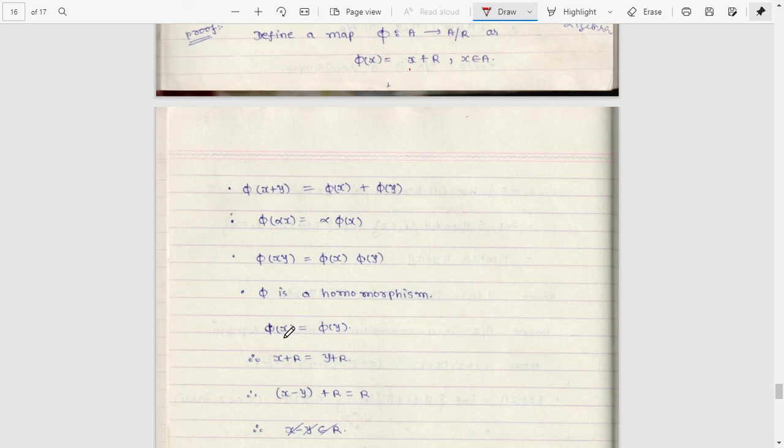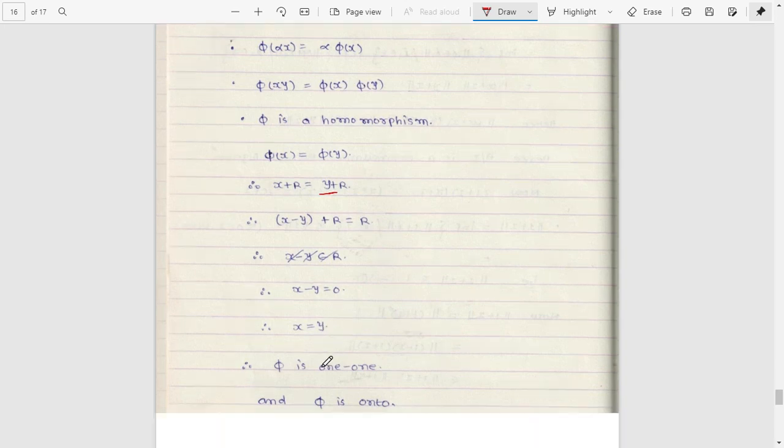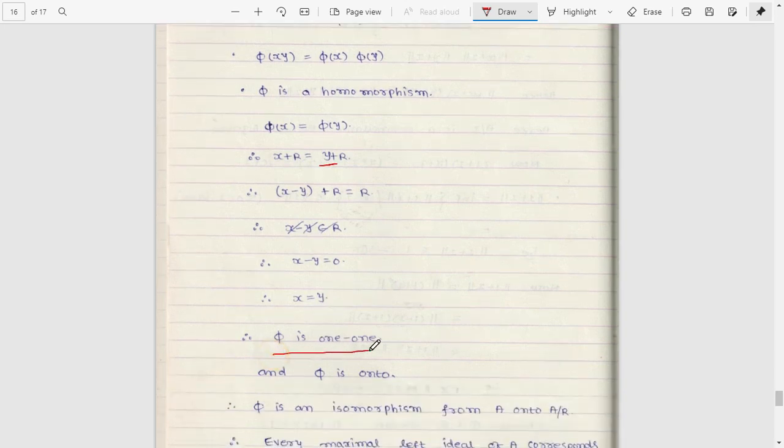Phi is a homomorphism. Phi of x is equal to phi of y. So x plus R is equal to y plus R. So x minus y plus R is equal to R. So x minus y is equal to 0. So x is equal to y. Hence phi is one-one and onto.